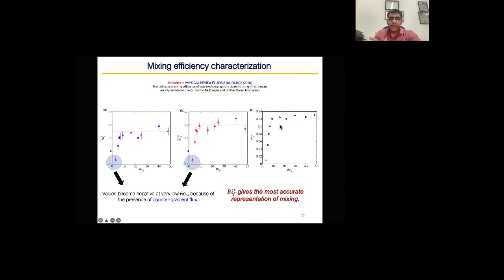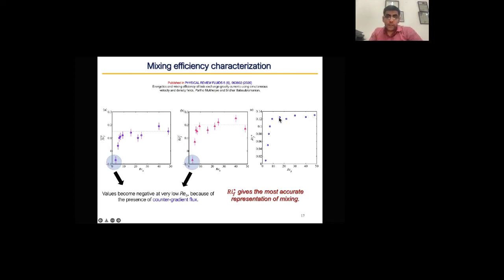Okay, so a right value of RIF star, or a right value of mixing efficiency, is needed to give accurate values of your diffusivities. That was the first step, and that showed up in our result: this is almost 2 times, so 0.2 versus 0.12.